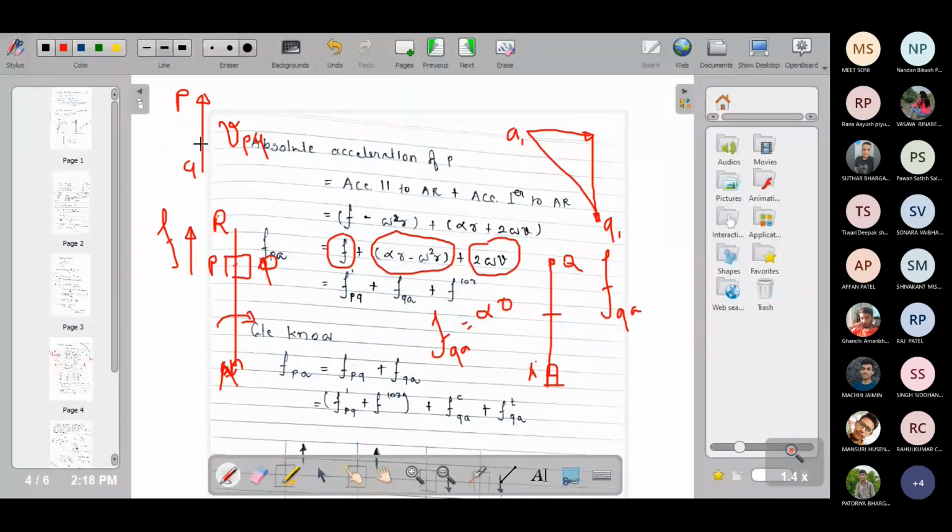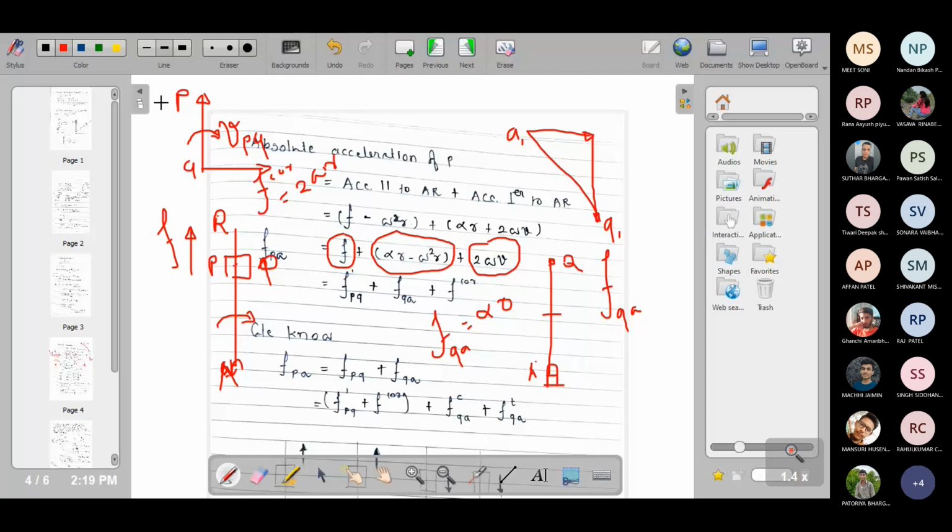Now this vector I have to rotate in the direction of omega by 90 degrees. This will give you the Coriolis component direction, and its magnitude is 2 omega r.